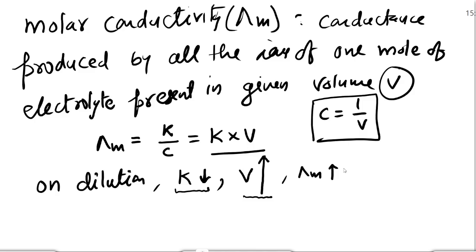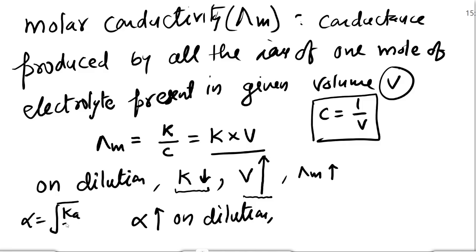So if you explain it in theoretical terms, then you can see, if we have 1 mole of electrolyte, what happened to alpha on dilution? Alpha increases on dilution. This relation, I hope, K upon C. Alpha increases on dilution, and at the same time ions are moving away from each other.